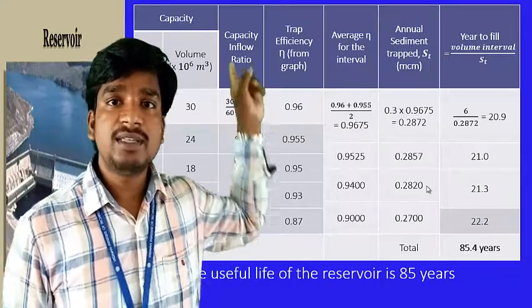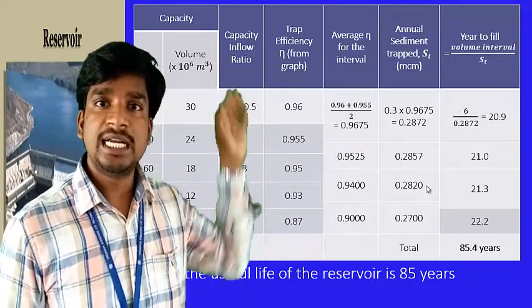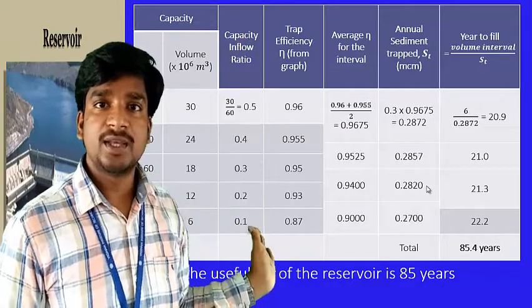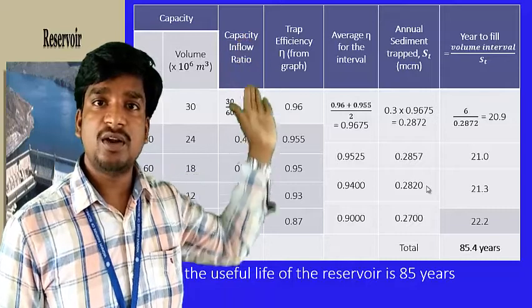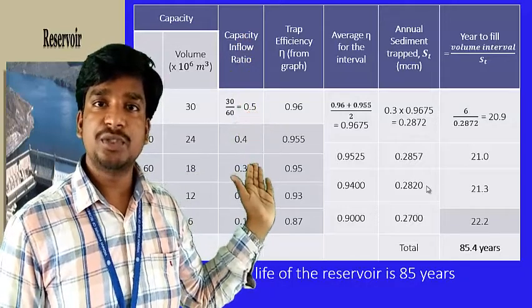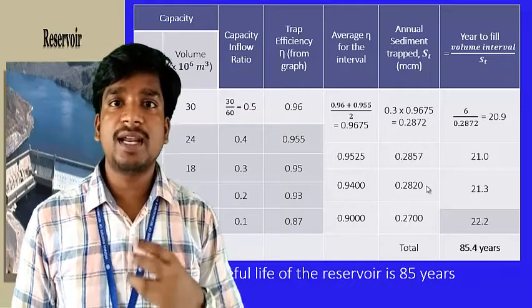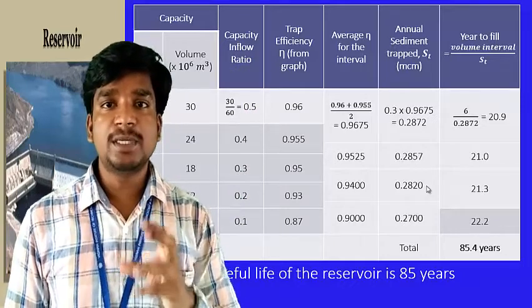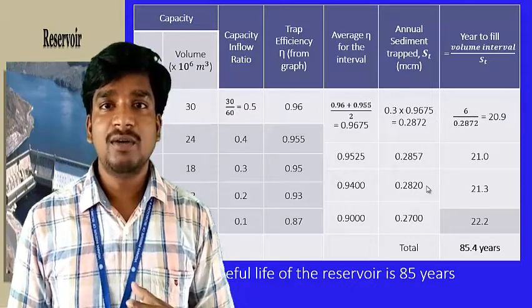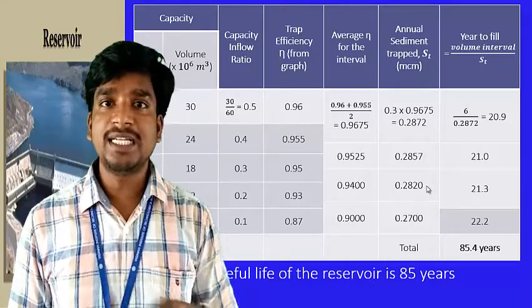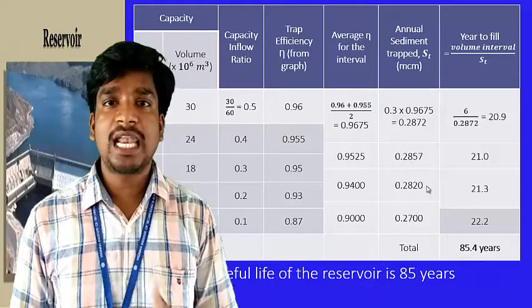Because the volume intervals and percentages we assumed go from 100 to 20. Initially the capacity is 100%, later it reduced to 80, then to 60, 40 and 20. If a reservoir capacity is reduced to 20% of the design capacity, we assume the life of the reservoir has terminated. So 85.4 is the life of the reservoir.